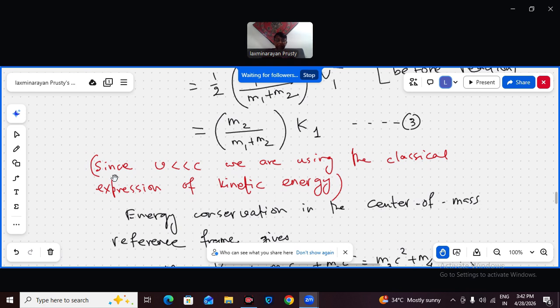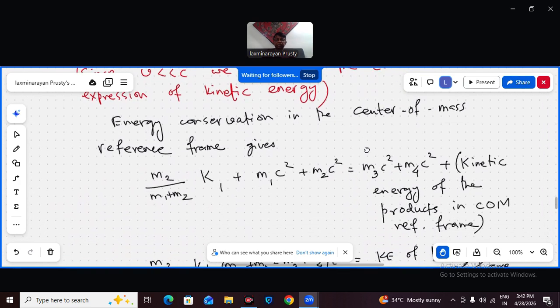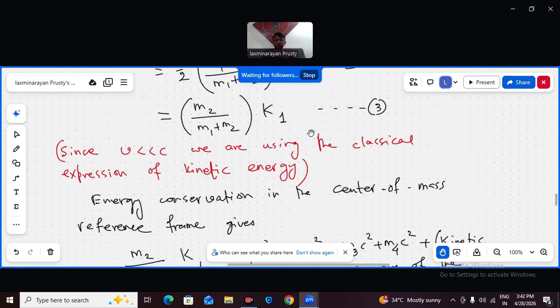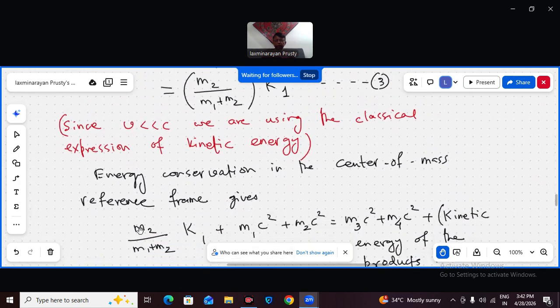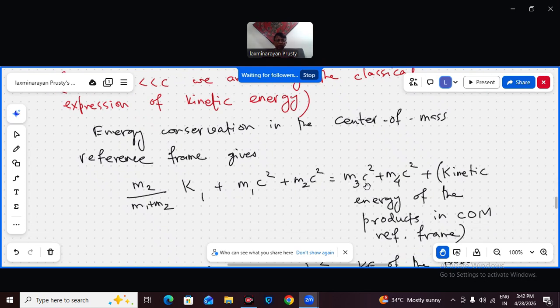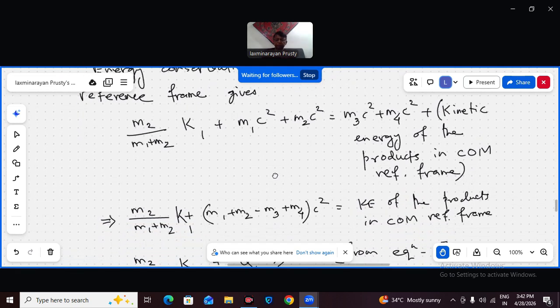Remember this important point again, I am emphasizing: it is a non-relativistic case. You are using the classical expression of kinetic energy. What does the energy consideration in the center of mass system give you? This is the kinetic energy before reaction, and the rest mass energy M1 C squared plus M2 C squared is equal to M3 C squared plus M4 C squared plus the kinetic energy of the products in the center of mass reference. Yes sir, this is the energy balance.